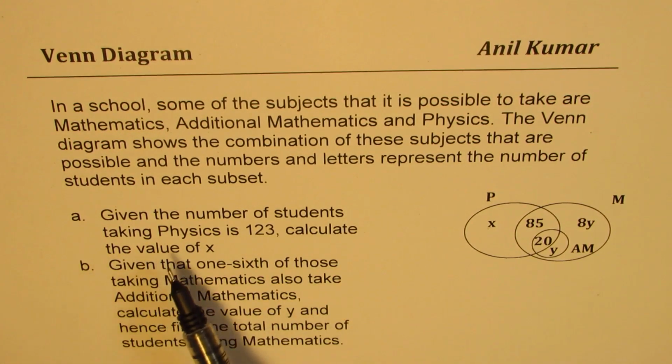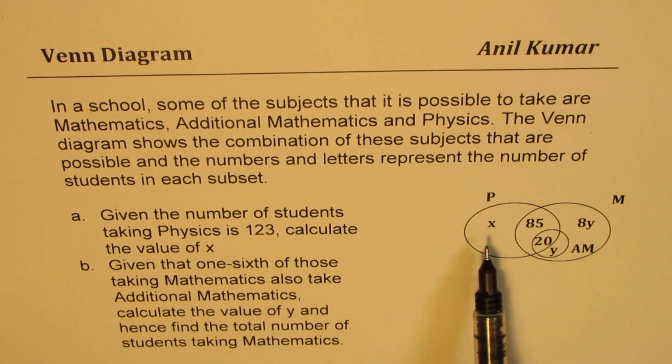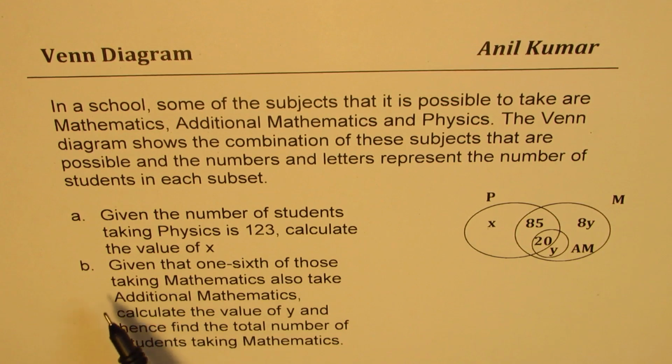A. Given the number of students taking physics is 123, calculate the value of x, that means only physics. B. Given that 1/6 of those taking mathematics also take additional mathematics, calculate the value of y, and hence find the total number of students taking mathematics.